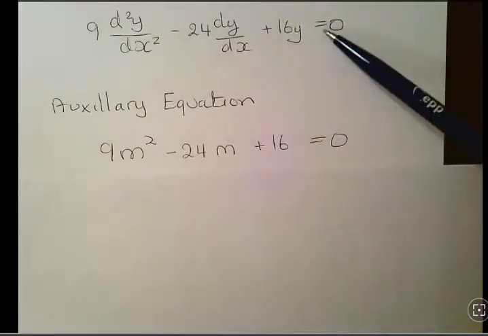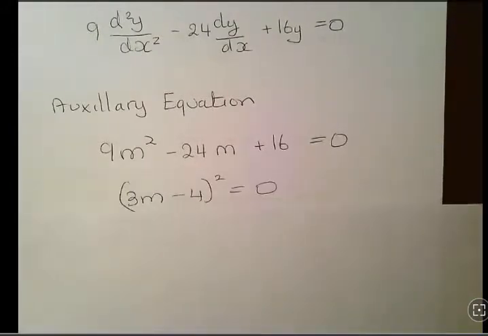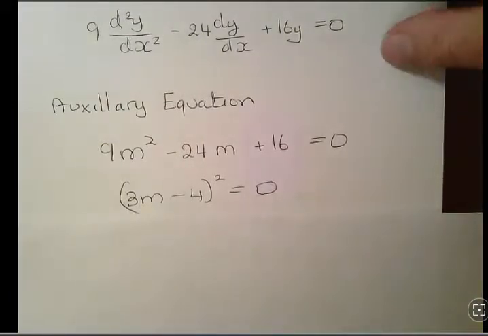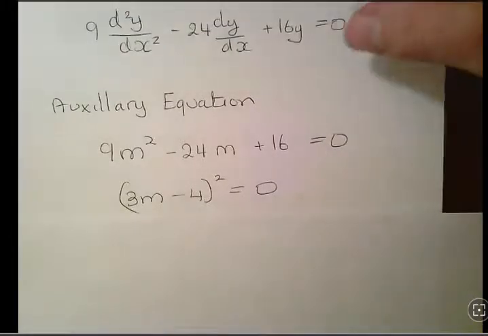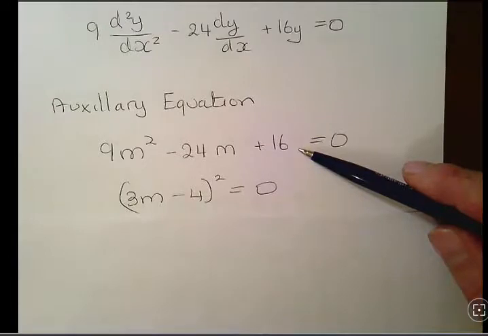So this is the auxiliary equation, and what we have to do is solve that. We should get two expressions there. Well, actually we won't in this case; we actually will get one. If you factorize that, you should find that it is a square.